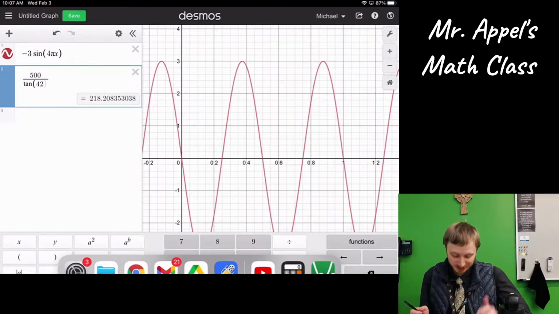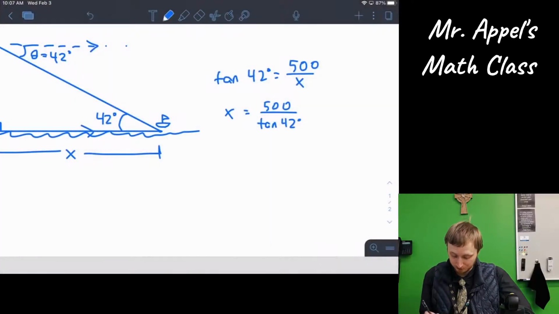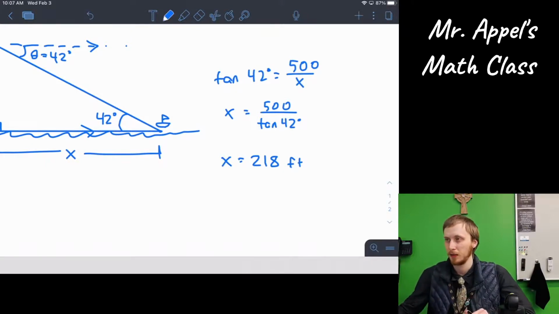We can round to 218 feet. Okay, any questions on that one? Is it 218? No, that is not the answer I got.